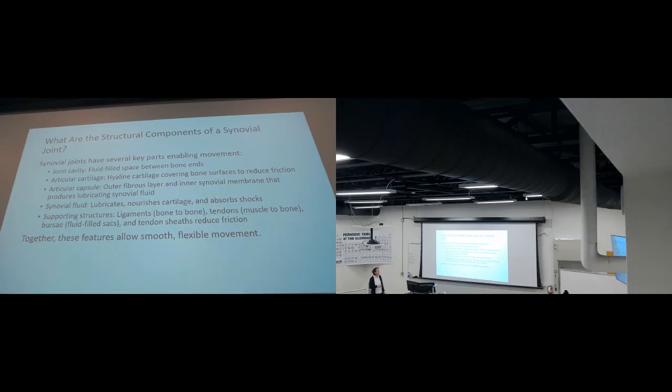And then some articulations, the ones that are more movable, like the shoulder joint and the knee joint, have extra pouches with synovial fluid that we call bursae. So then they don't actually connect directly to the capsule or to the synovial cavity by themselves.